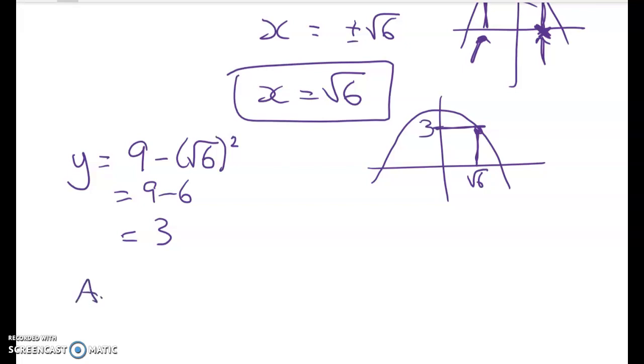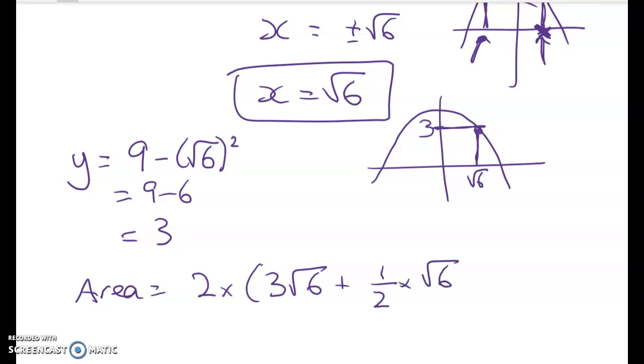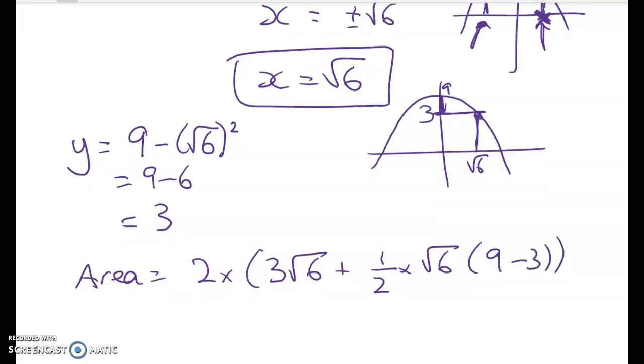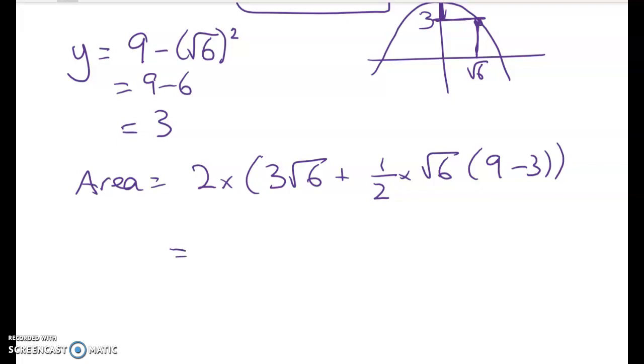Okay, so the area is equal to 2 times my rectangle, which has area 3 root 6, and my triangle, which has area half, times the base, root 6, times the height. Now, that's drawn very not to scale. That height is going to be 9 minus 3, which is 6.